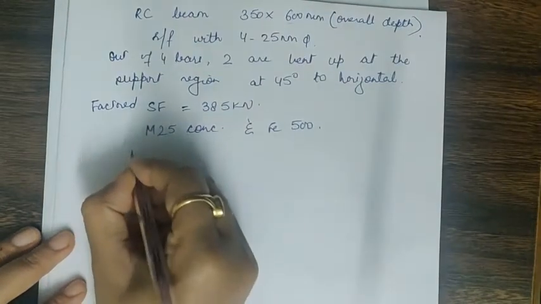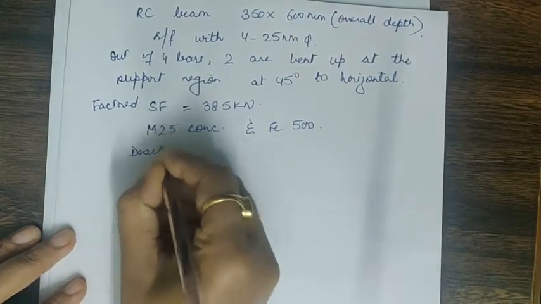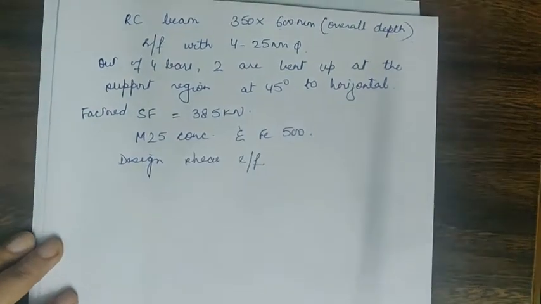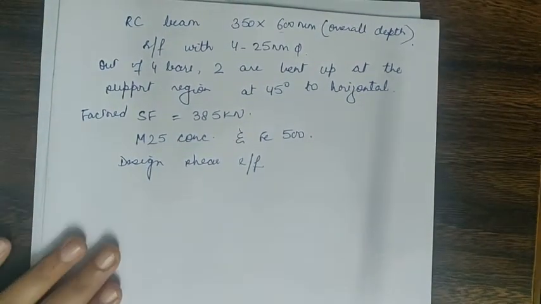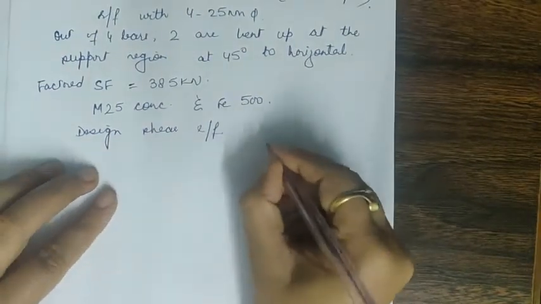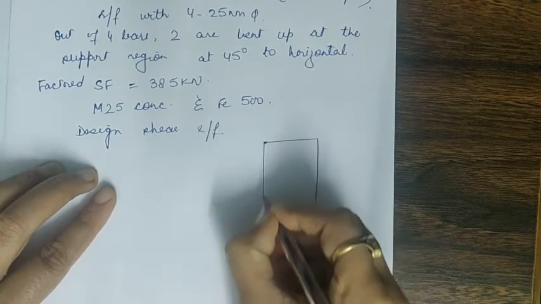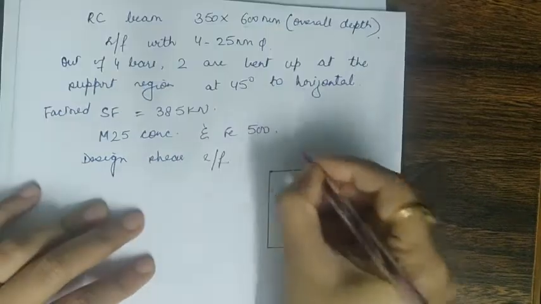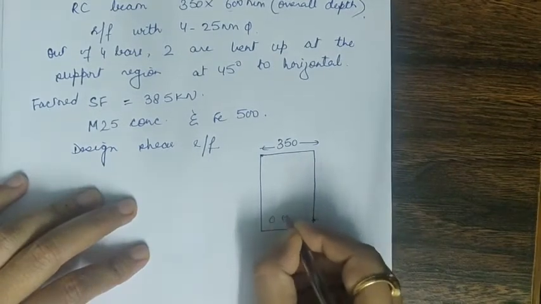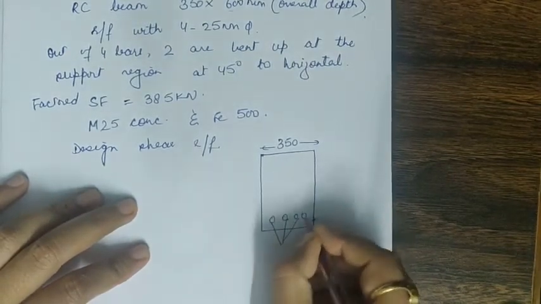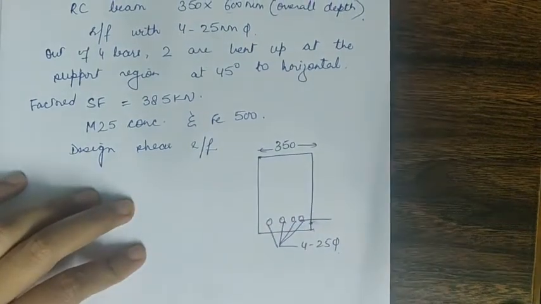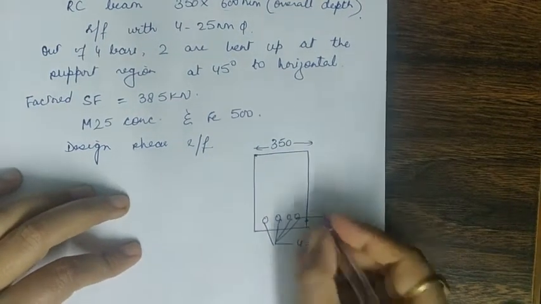You are to design the shear reinforcement. Is it okay? Clear? Cover is given to be 50 millimeters. So let me draw the cross section. This is 350. I am having 4 bars of 25 dia. Overall depth was 600.